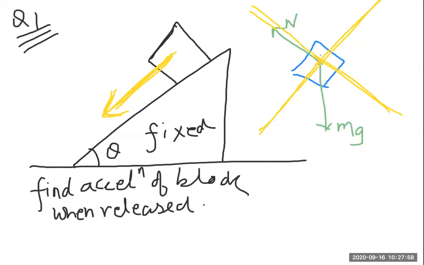Is this understood by everyone? Since the motion of the block is definitely going to be down the inclined plane, my axis is also down the inclined plane. Is this understood? Next step is to find the components.